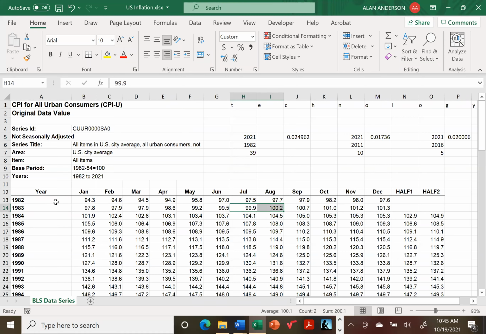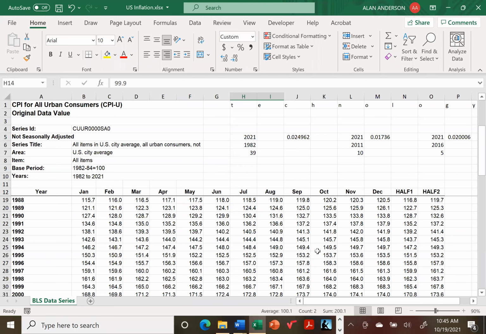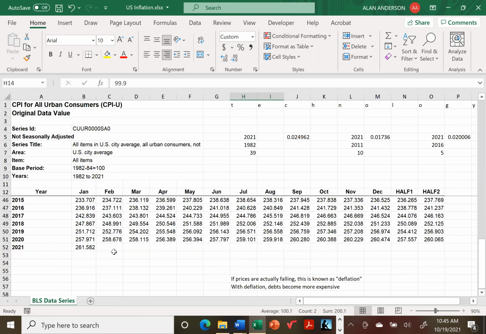All the months before that, and I see that it doesn't go back any further than that. But you notice how these CPIs are smaller than 100. Unfortunately, the series seems to only go back to 82. But the further back you go, the lower it will be. And once we get past that base year period, like right here, from that point on, it's always above 100. In fact, the last time I downloaded this in January, it was about 261. Since then, it's gone up probably into the 270s. And that means that prices have gone up about 170% since the base year.